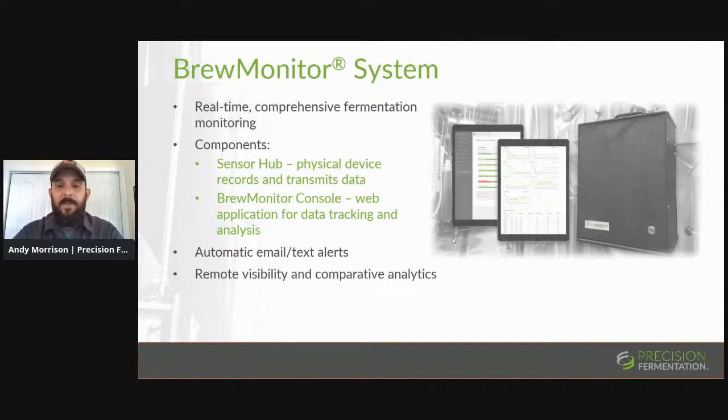And then a virtual console, where all of the data from that black box gets streamed via your Wi-Fi into the console, and you have access to all of the data and analytical tools that are there.